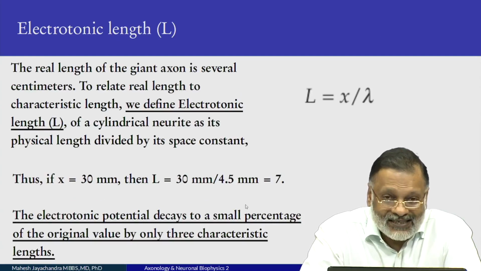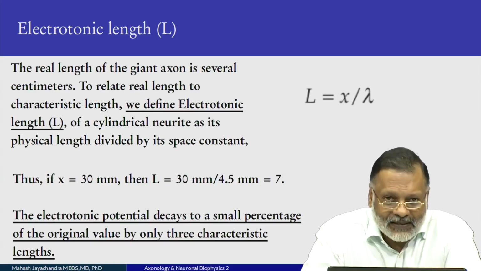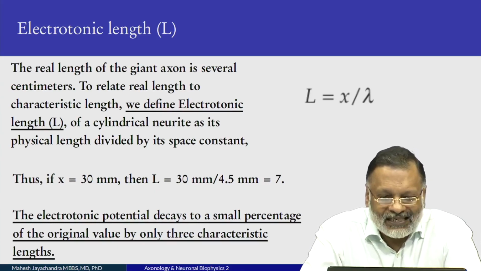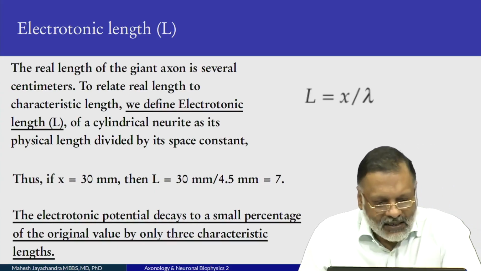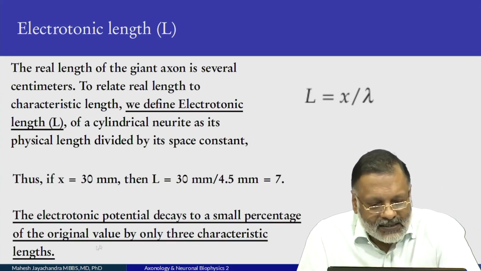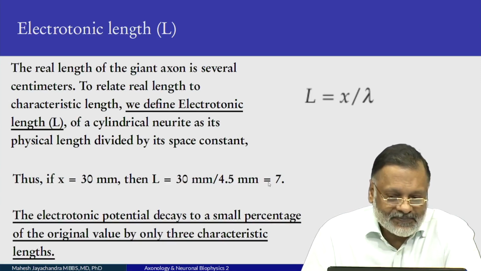So, to relate this real length to the characteristic length or lambda, we define electrotonic length or capital L of a cylindrical neurite as its physical length divided by its space constant. So, if x is 30 millimeters, then L, that is the electrotonic length, would be 30 divided by 4.5, which is equal to 7.